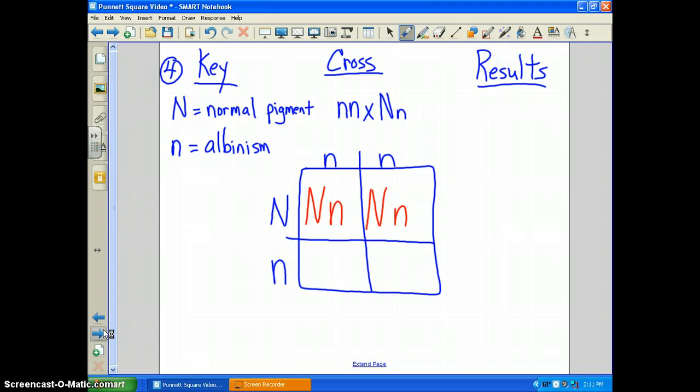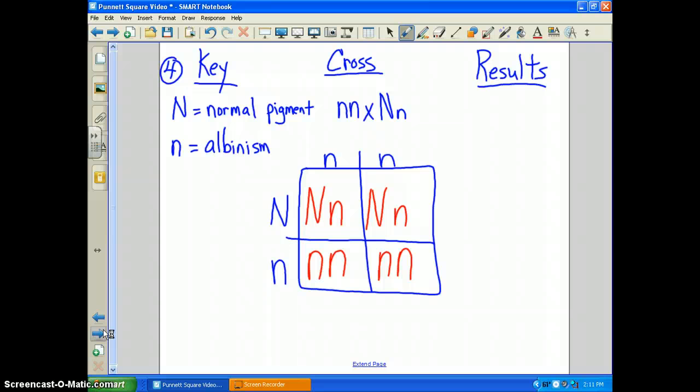Who would like to answer the next one? Please raise your hand. If I cross lowercase n, albinism and albinism, I'm going to wind up with pure albinism. And once again, who would like to answer this question? If I cross albinism and albinism, I'm going to wind up with albinism. Very good.